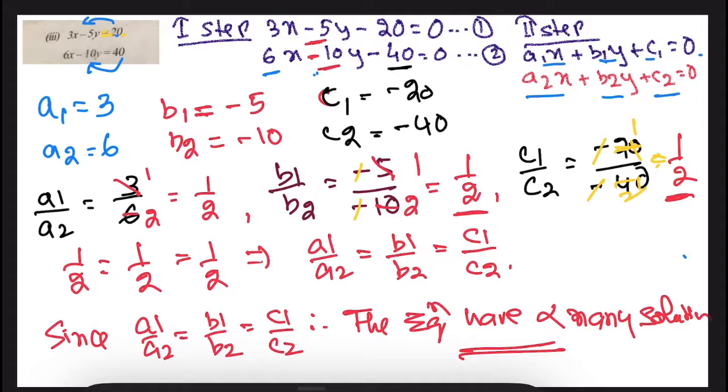Now let us see the fourth question. What is it saying? x minus 3y minus 7 equals 0 and 3x minus 3y minus 15 equals 0. What do we have to do? We have to change into standard form, but here it is already in standard form, which made it easy for us.